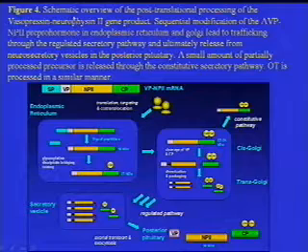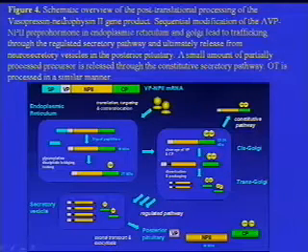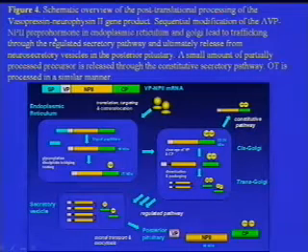But biology fools us. So this is figure 4. I'll read the legend here real quick. It's a schematic overview of the post-translational processing of the vasopressin neurophysin gene product, again with more detail. There's a sequential modification of the NP2 pre-prohormone in the endoplasmic reticulum and the Golgi.